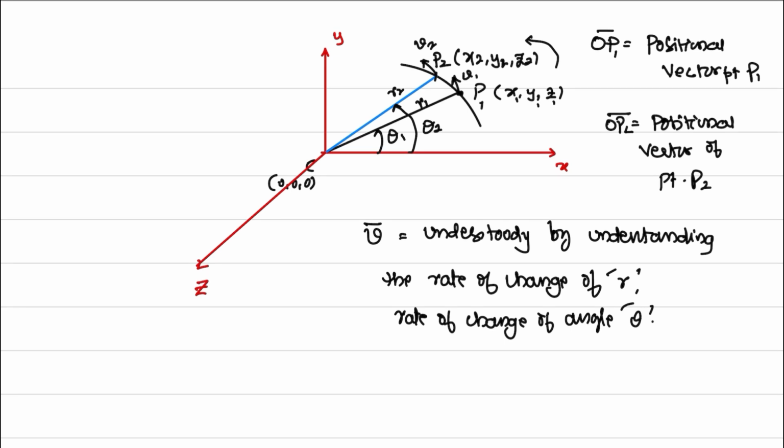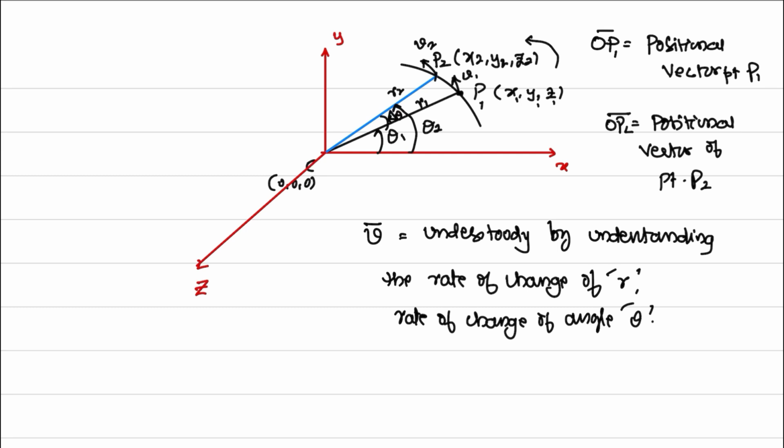What is delta theta here? This is delta theta. R1 minus R2 is delta R. Rate of change of R and rate of change of theta, both are required. And a vector requires a unit vector in both the directions.